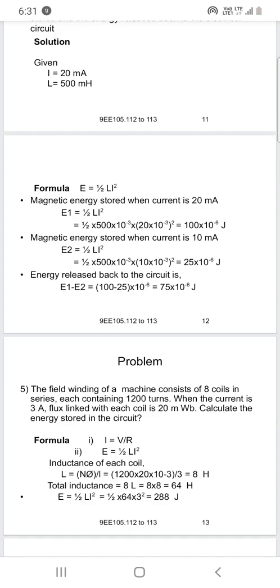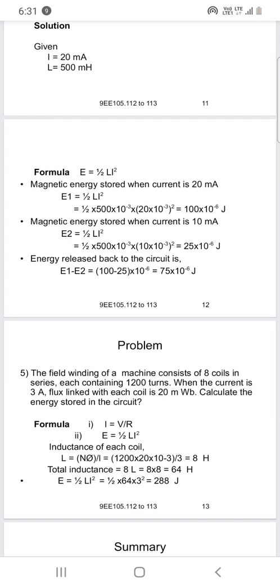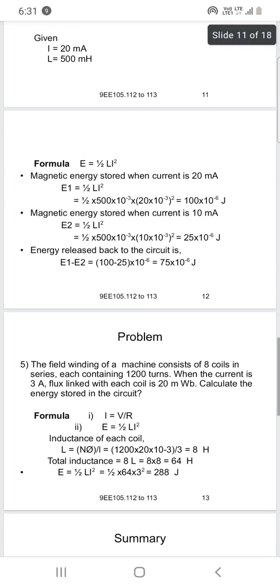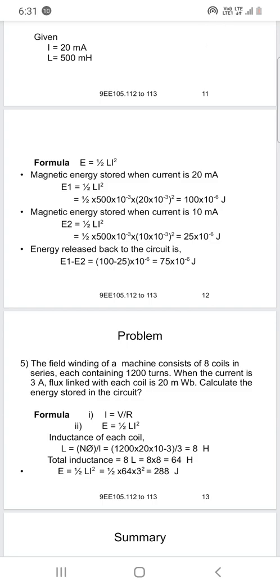Then we will get the energy stored for a current of 20 milliampere, equal to 100 into 10 to the power of minus 6 joules.